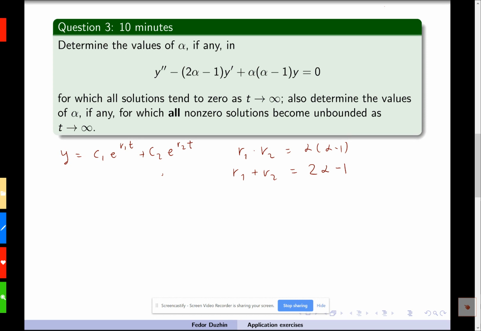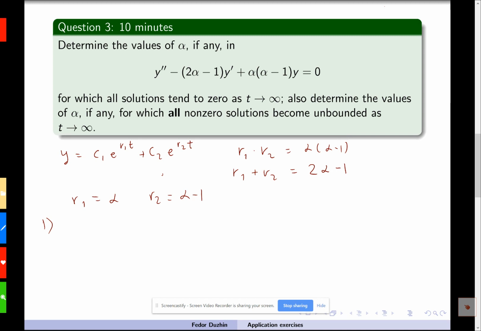It's very easy to notice and guess that r1 is alpha and r2 is alpha minus 1, right? Because now the product is indeed alpha times alpha minus 1, and the sum is indeed 2 alpha minus 1.